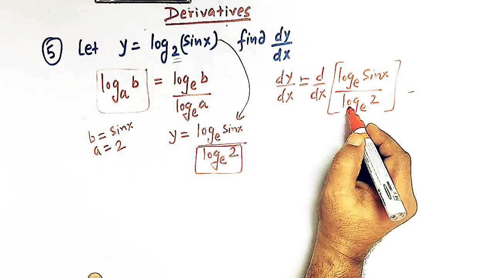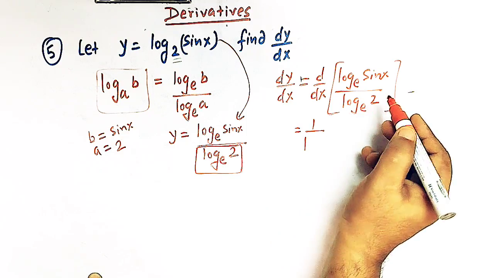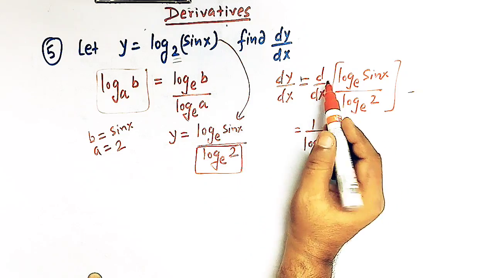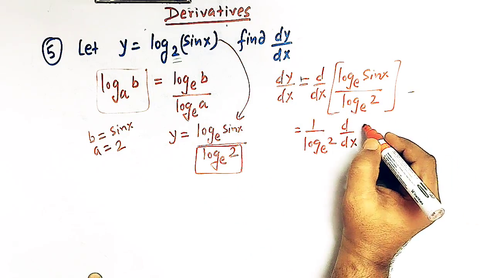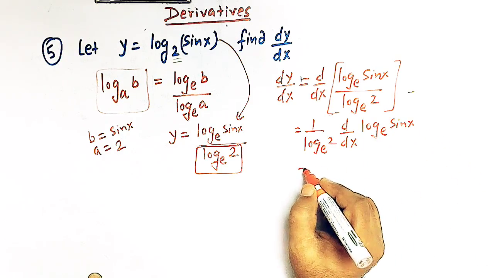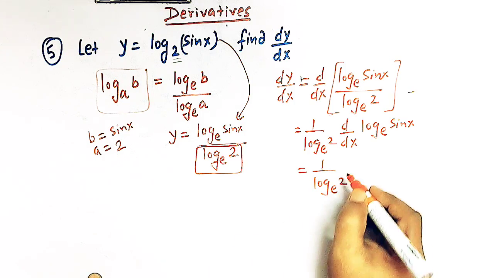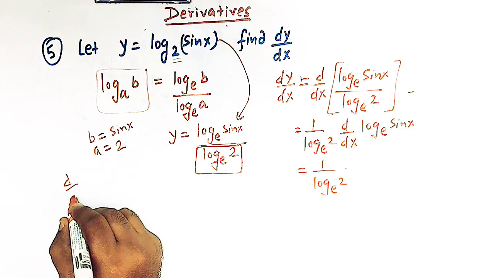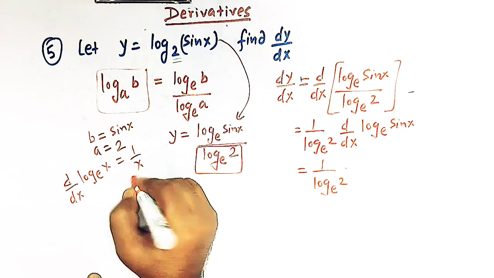And here log of 2 to the base e is a constant, so we can take it outside the derivative operator, and we have d by dx of log of sine x to the base e. So we have 1 over log of 2 to the base e, and now the derivative of log x is equal to 1 over x.